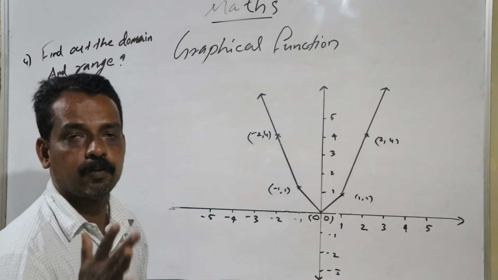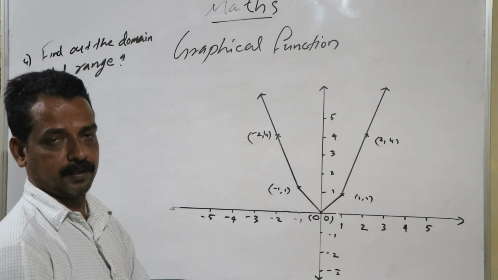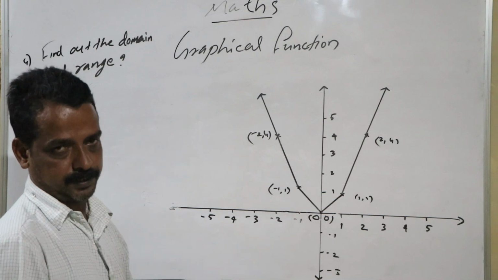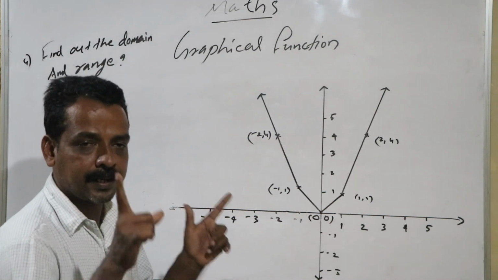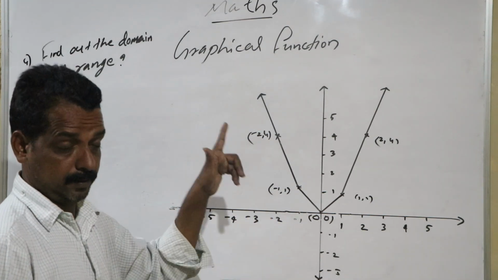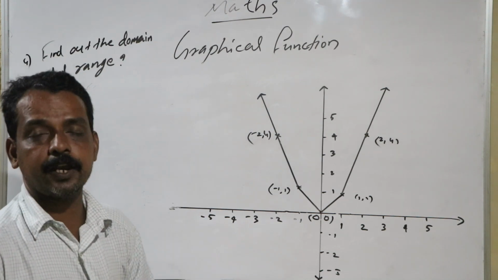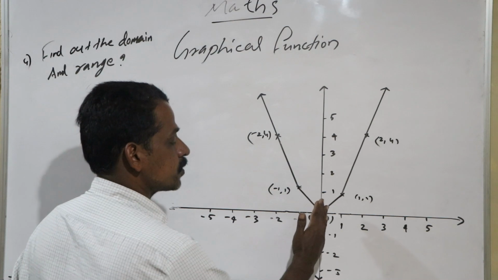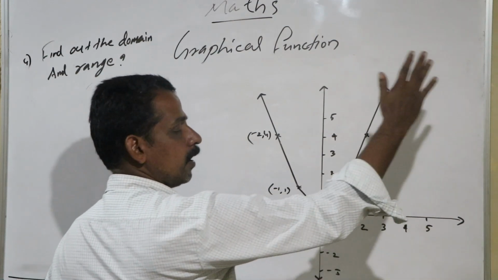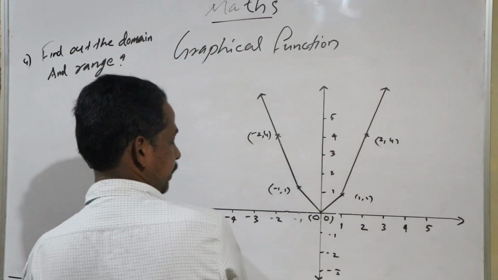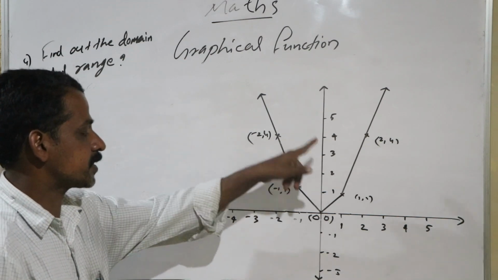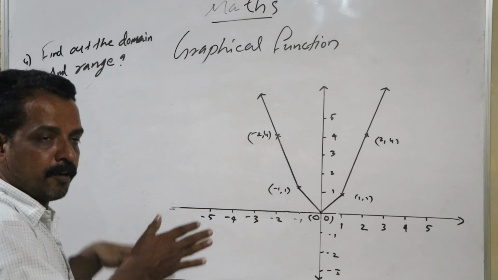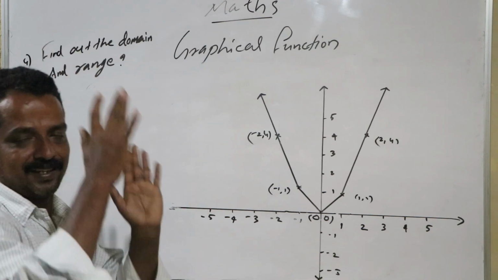Okay? To find the domain, here are two graphical lines from the origin, including 0. According to the x-axis, they go right and left from 0. The lines start from 0 and go right and left endlessly.